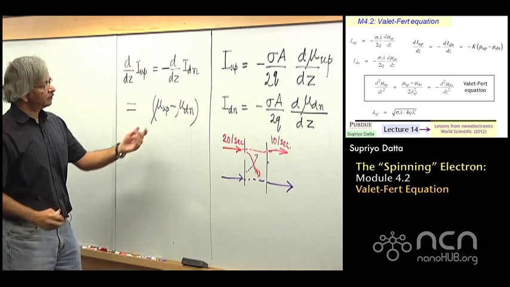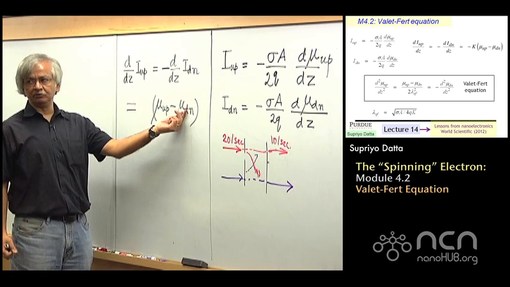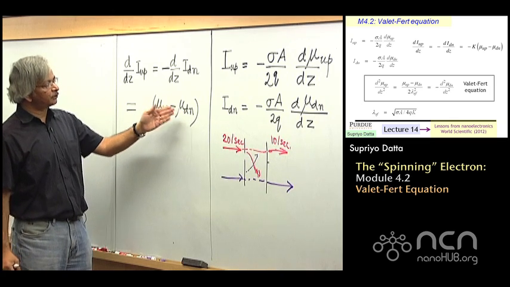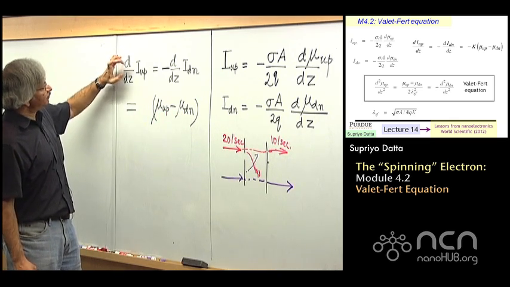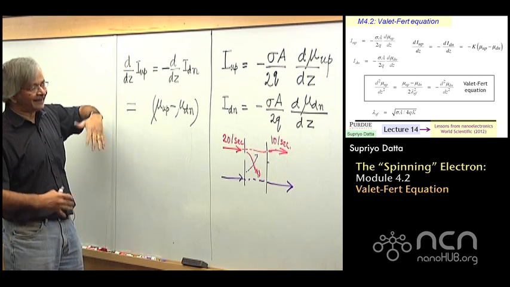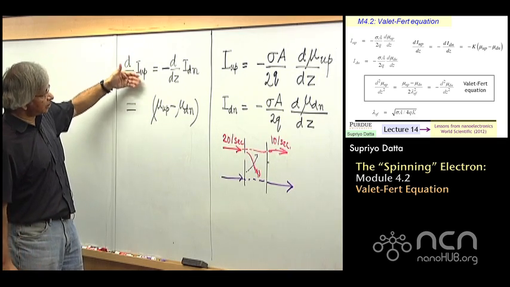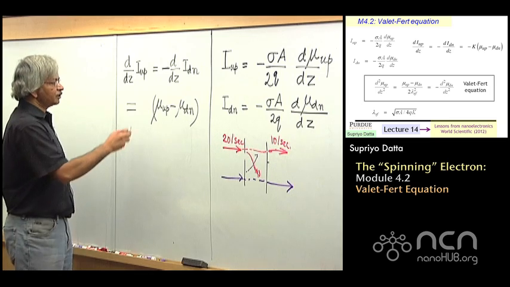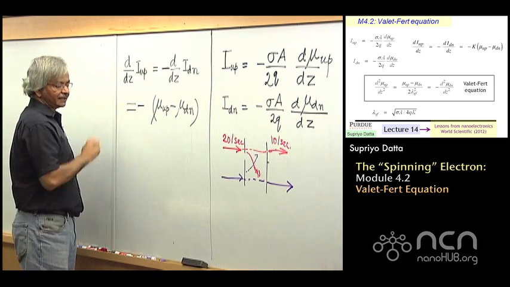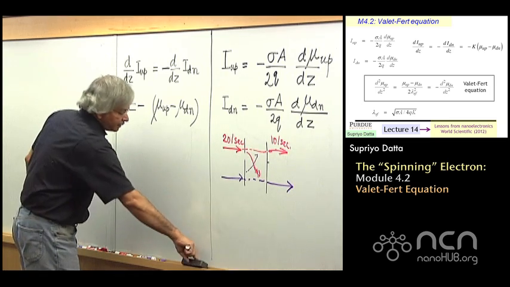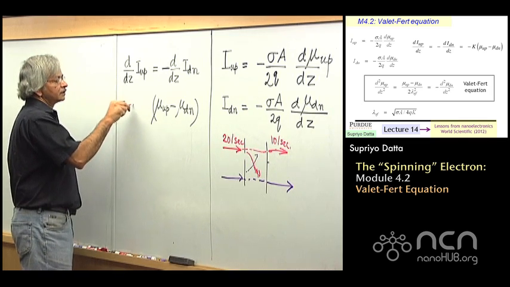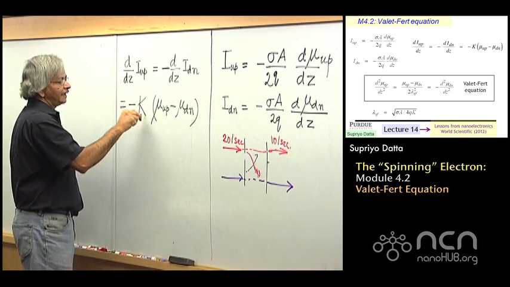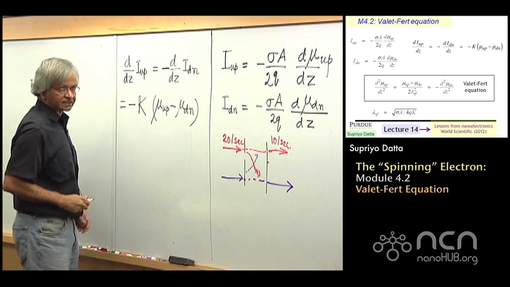So if mu up happens to be bigger than mu down, then lots of up would want to go to down. What that means is the derivative of I up would then be negative, because a lot of them have moved over. So you'd expect there'll be a negative sign there. And then I'll put a k there denoting some constant.